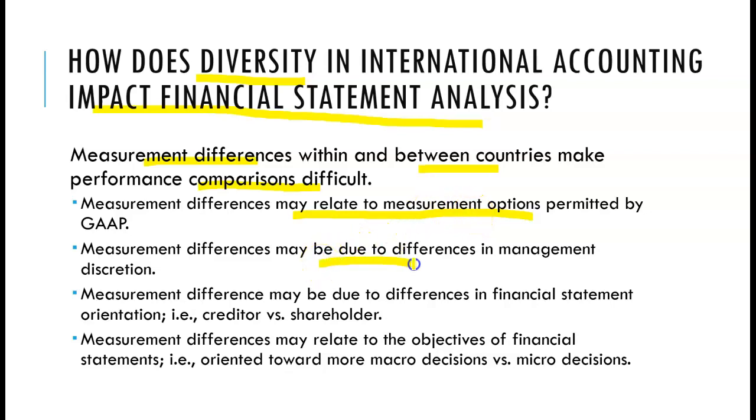It may be due to differences in management discretion, or differences in financial statement orientation, i.e. orientation based on creditors or orientation based on shareholders, or may relate to the objective of the financial statements prepared, i.e. orientation towards more macro decisions or micro decisions.